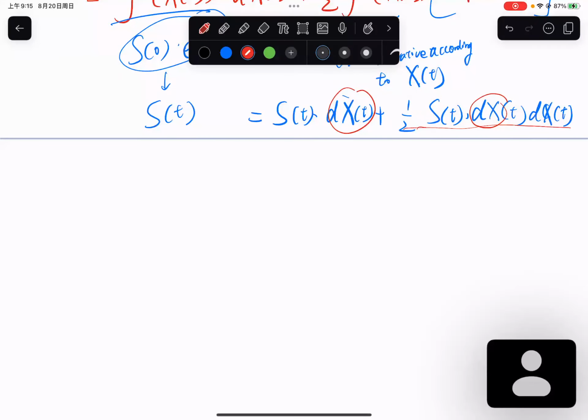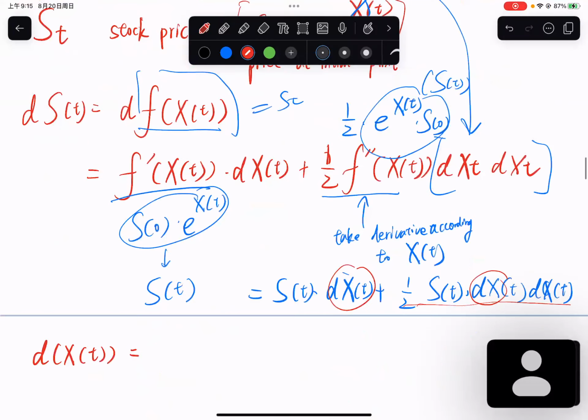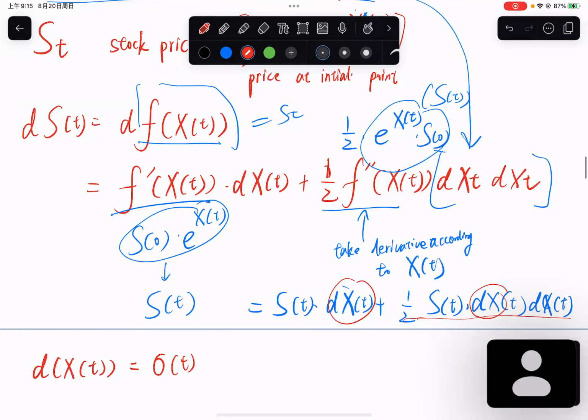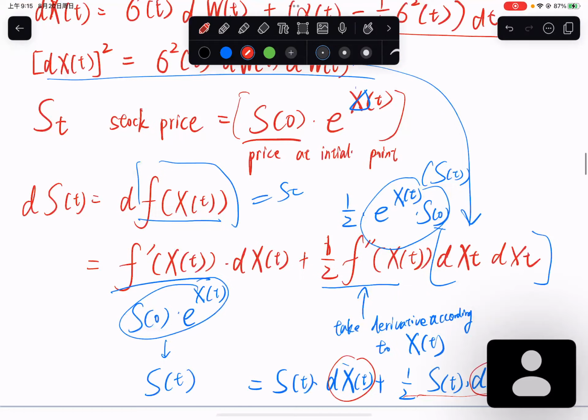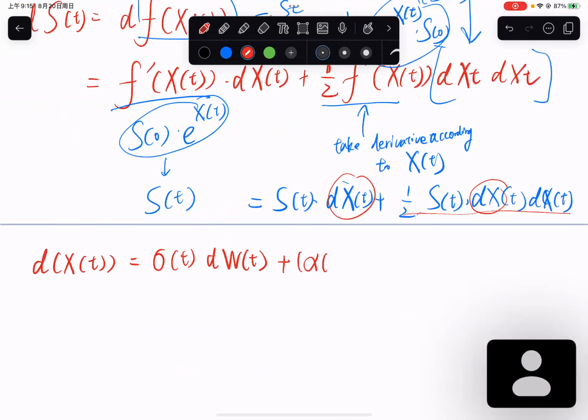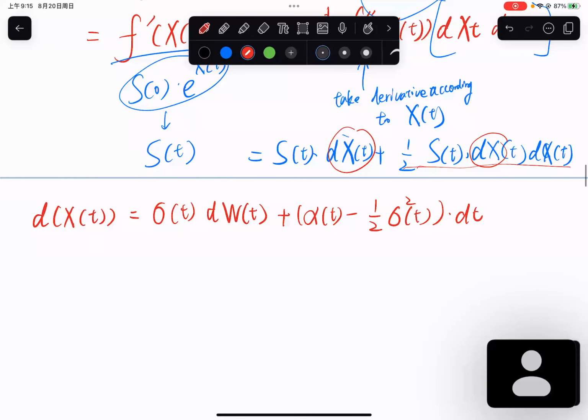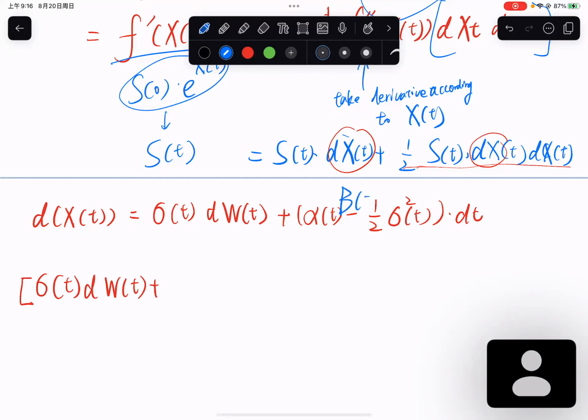Let me explain this in detail. We already have dX_t, which is sigma_t dW_t plus alpha_t minus 1 over 2 sigma_t squared dt. Let's first take one dX_t out. So we have this sigma_t dW_t plus, let's denote it as something b_t. Oh, not b_t, because b_t overlaps with Brownian motion.